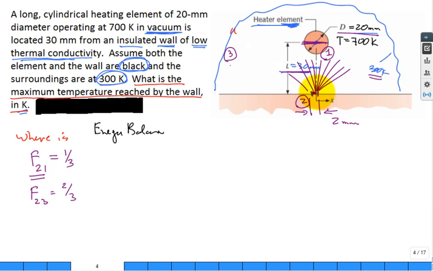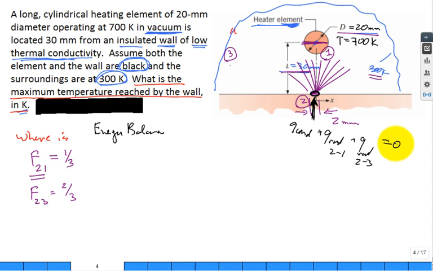Well, we want to do it for this little surface right below because we're interested in the temperature of that surface. So how much would be conducted from the backside to keep it at whatever temperature it's going to be at? So it'd be Q conduction plus Q radiation going from 2 to 1 plus Q radiation going from 2 to 3. That's my energy balance.